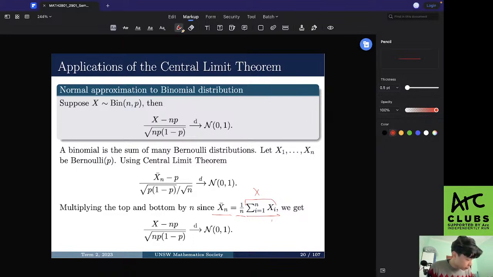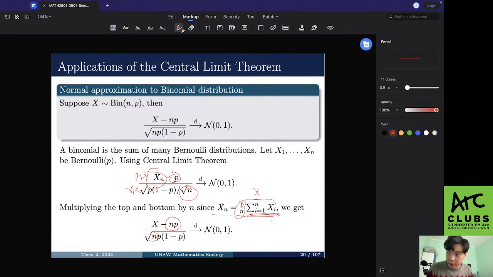So what we do is we take this 1 on n, and we multiply the top and bottom by n, and this gets rid of this root n and gives us this root n, and then we get an n over here to turn it into np, and then we can replace this n times mean to become the x right here.